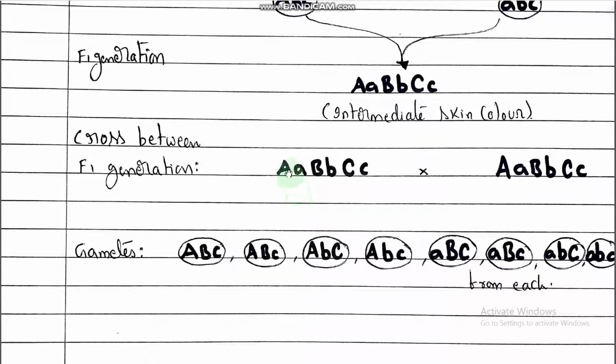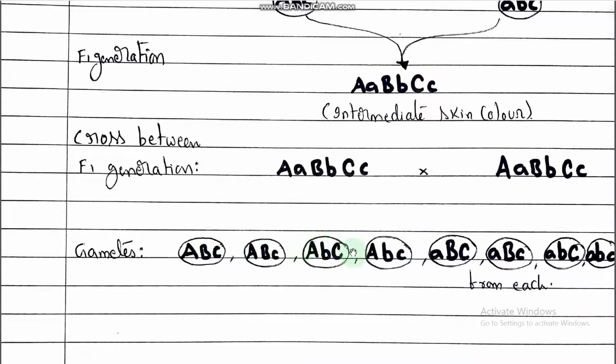Next, mixed, capital A, capital B, small c. First take with A, next take with B, you can get it. Next one, capital A, small b, capital C. Next gamete, capital A, small b, small c.